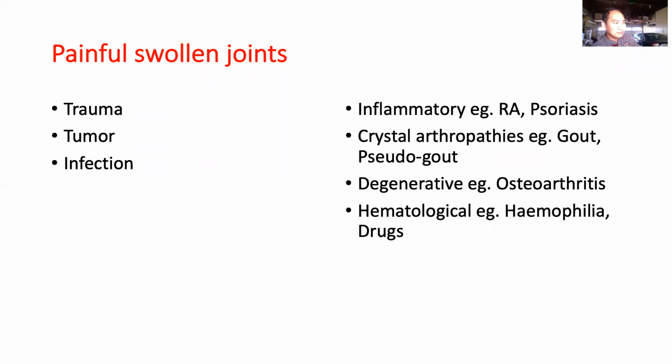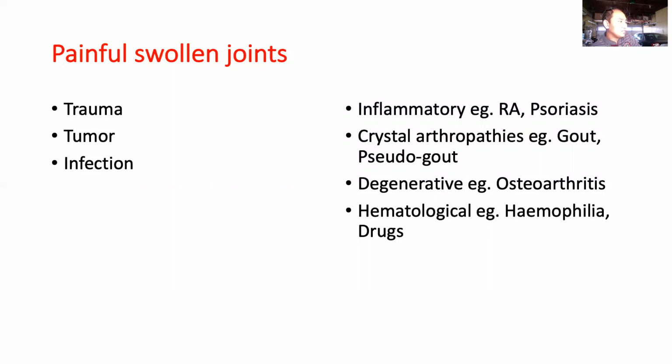The first important thing we need to check is to make sure there is no history of trauma. Any fracture or broken bone inside a joint, which is trauma, will give you a painful swollen joint. Tumor, for example, malignancy, cancer, in and around the joint, gives you pain and swelling.